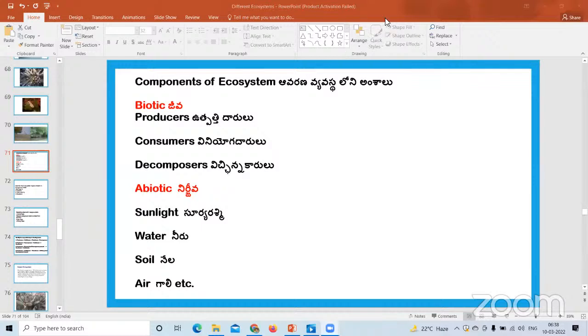Who are producers, children? Rajeshri, Charita, Ujjwala, Anurag. Who are producers? Who prepare their own food. Is it true, children? Plants are the producers in any ecosystem.